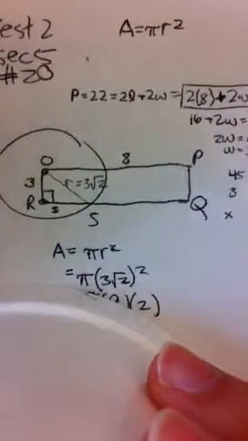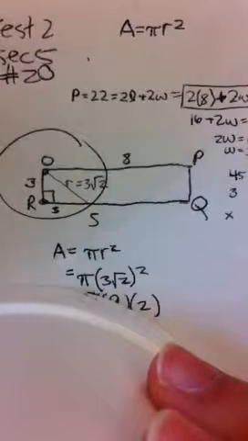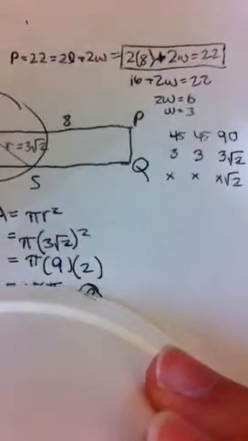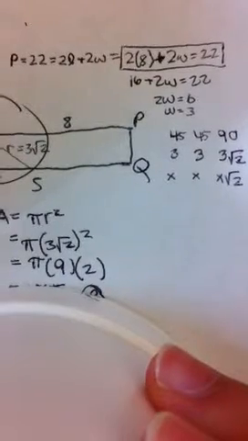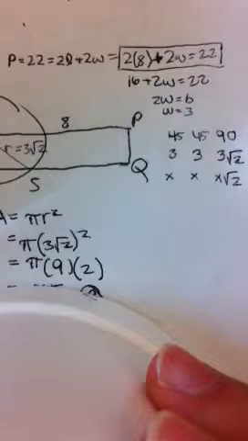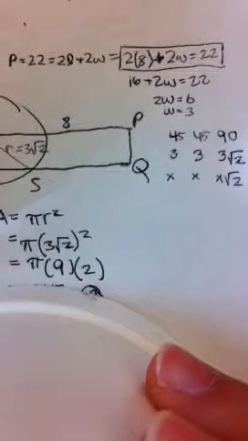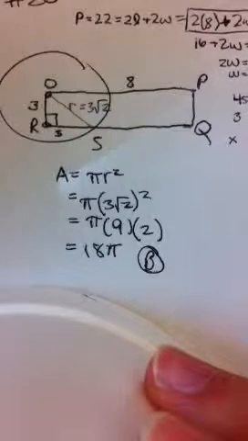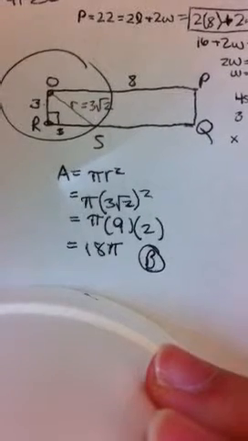So we know OR is now 3. Now we use the right triangle formula for 45-45-90-degree right triangles to find that the hypotenuse, which is also the radius, is 3 square root of 2. Then we plug that value back into the area formula for a circle to find the area of the circle.